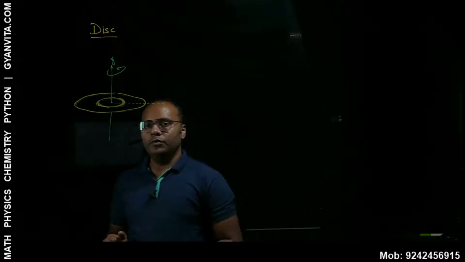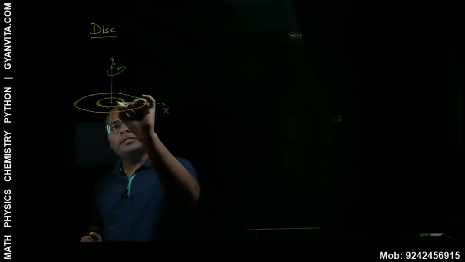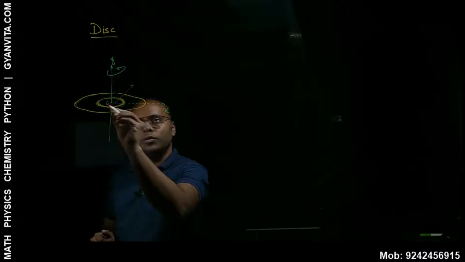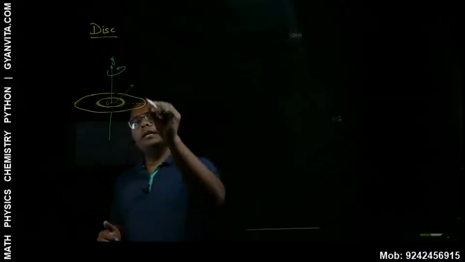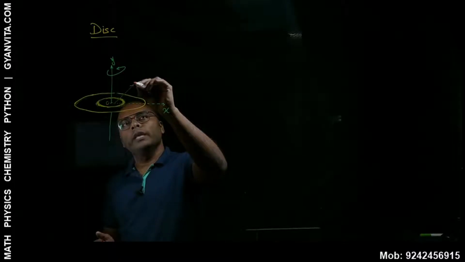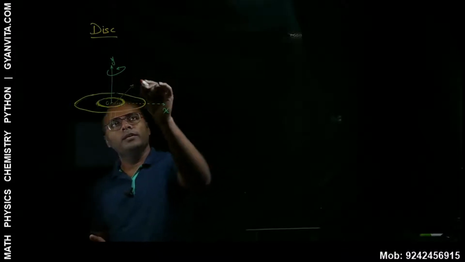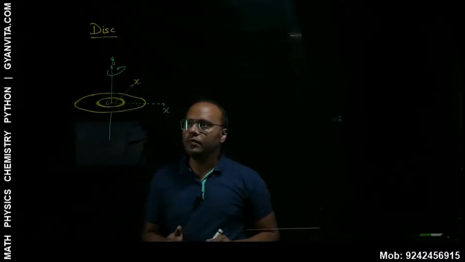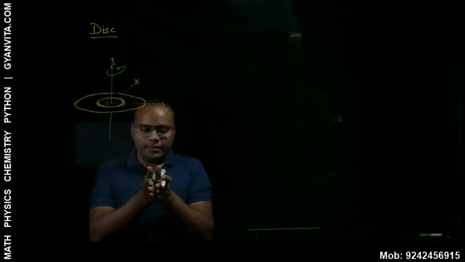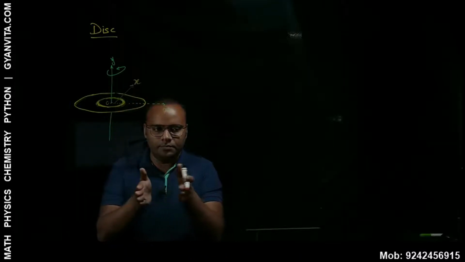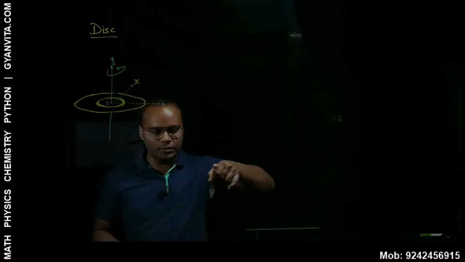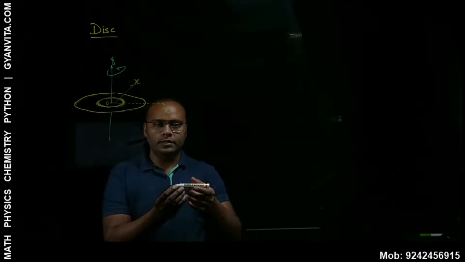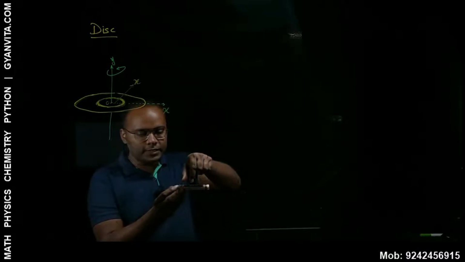Suppose the radius, that is from the center O to the inner wall of this element, is equal to x. Suppose this ring is circular like this, and we have taken a slice of this disk.